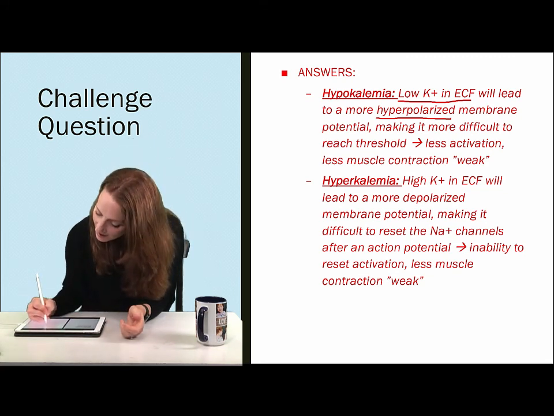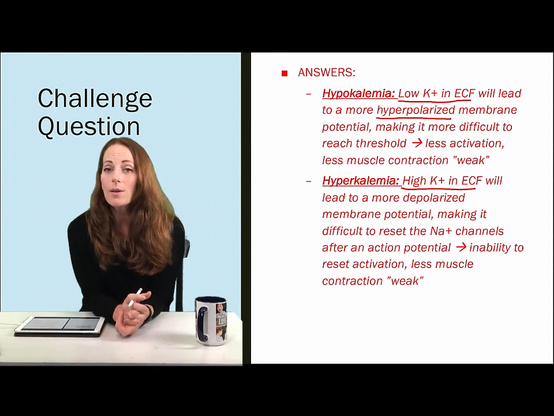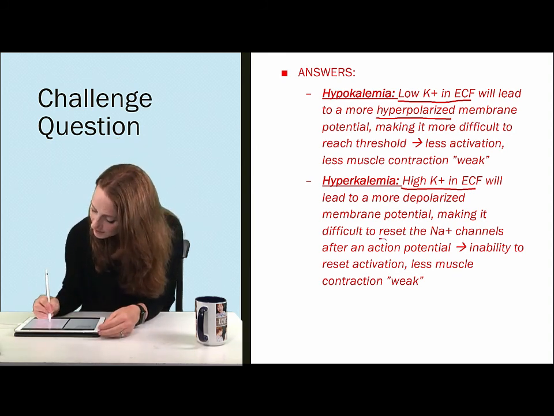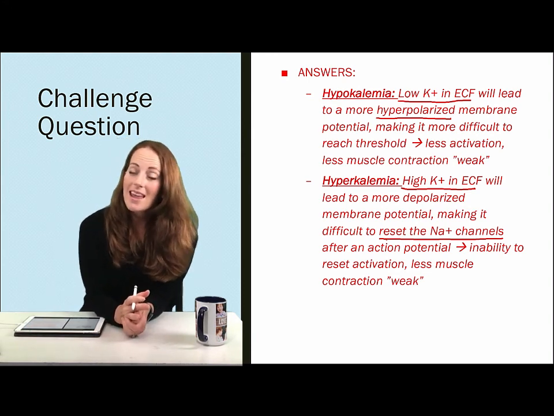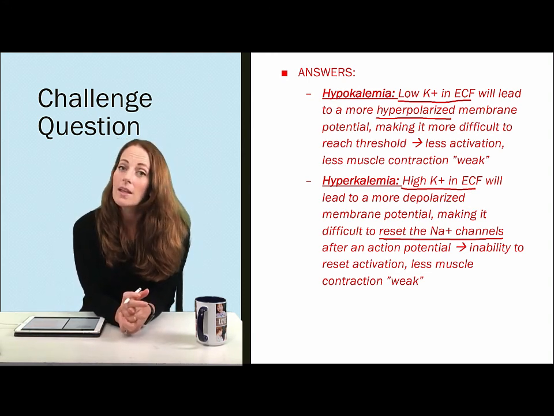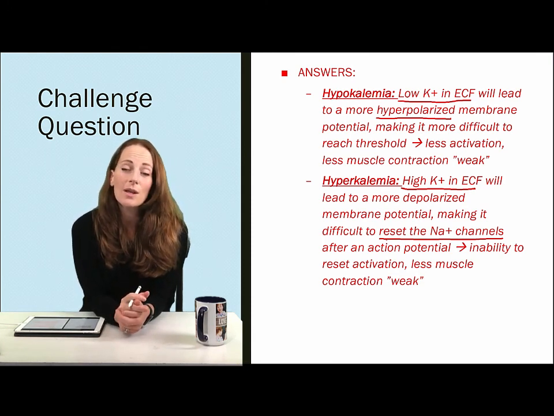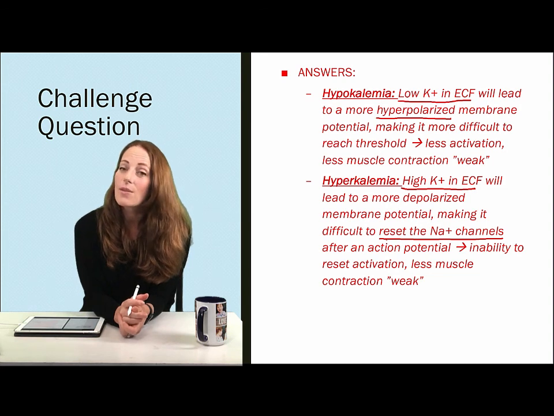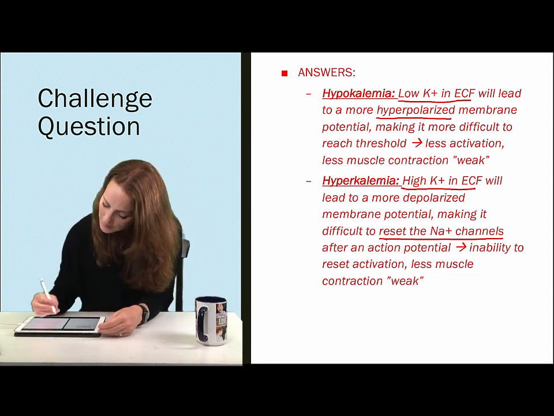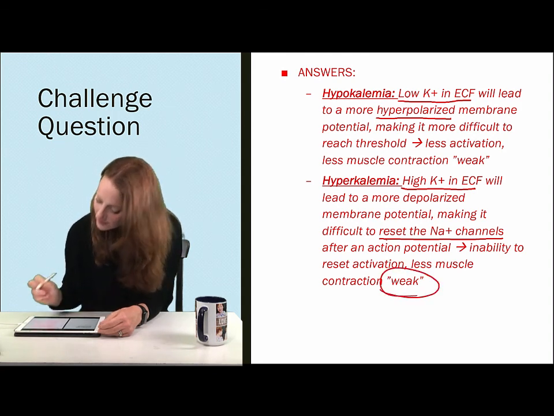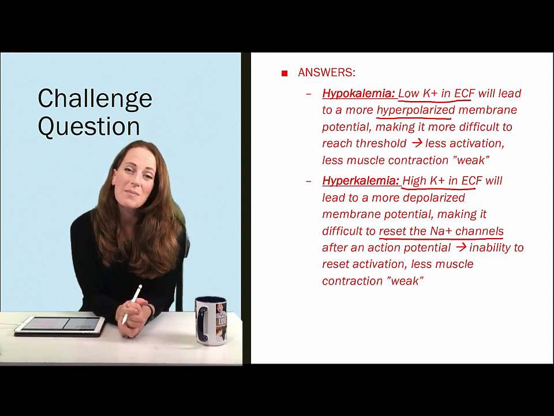In the high potassium or hyperkalemia, it will lead to a more depolarized membrane potential, but you can't reset those sodium channels, and that means in the next time you try to get an action potential, it'll be much more difficult because you don't have as many sodium channels ready and waiting to hit threshold and to depolarize the action potential. So in both cases, you get less muscle contraction and weakness of the muscles.